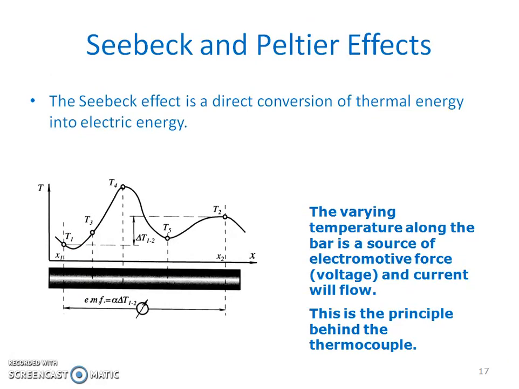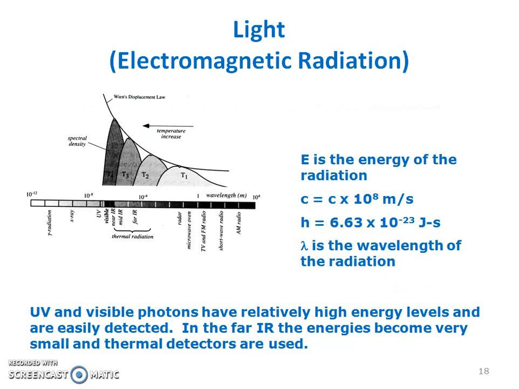Seebeck and Peltier effects are also used in sensors to measure any physical quantity. The Seebeck effect is directly proportional to the thermal energy, and the result is an electrical signal. In light, the electromagnetic radiation property is important to measure any physical parameter.